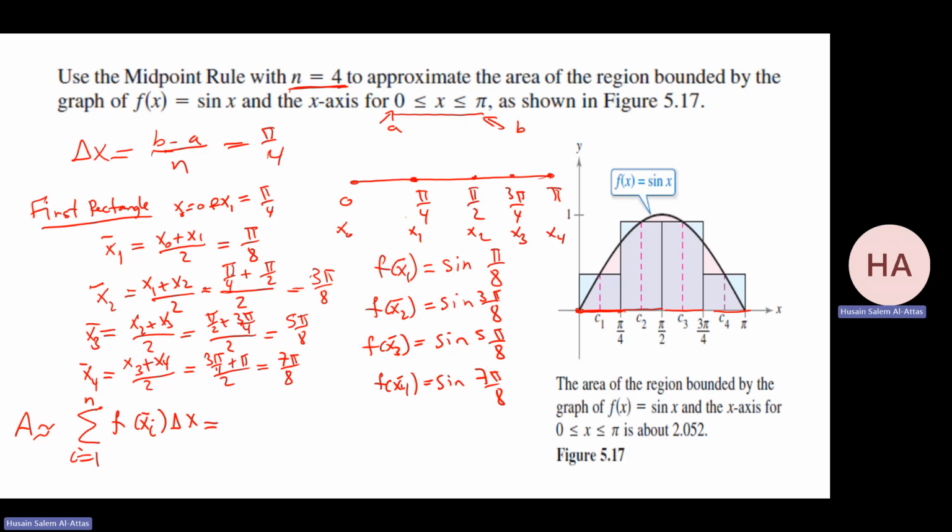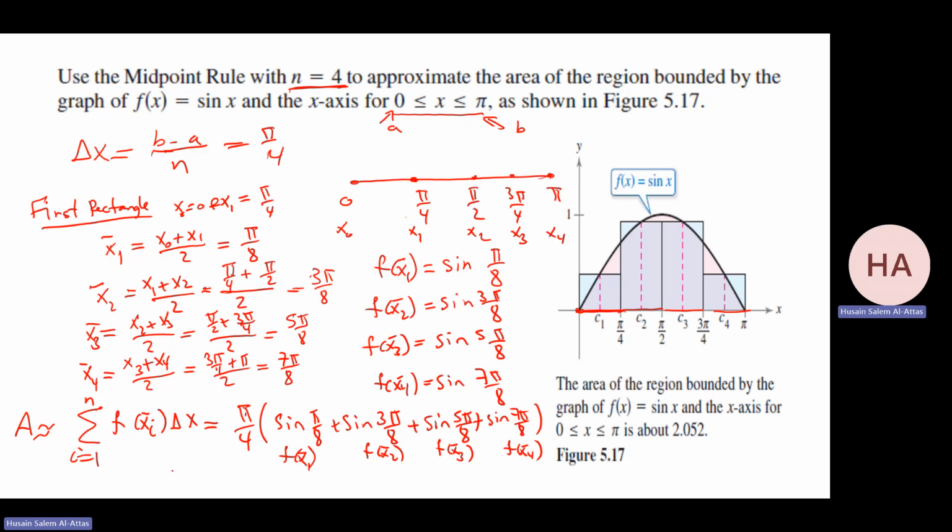Since delta x is the same, it will be pi over 4 times this summation: sine of pi over 8 plus sine 3 pi over 8 plus sine 5 pi over 8, which are f of x1 bar, f of x2 bar, and f of x3 bar, plus sine 7 pi over 8, which is f of x4 bar.